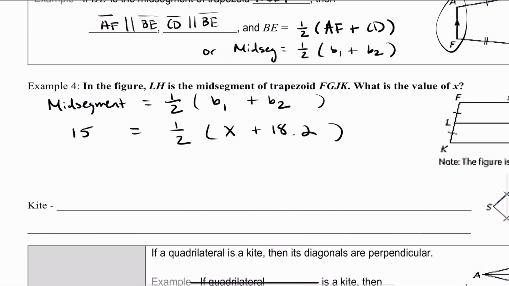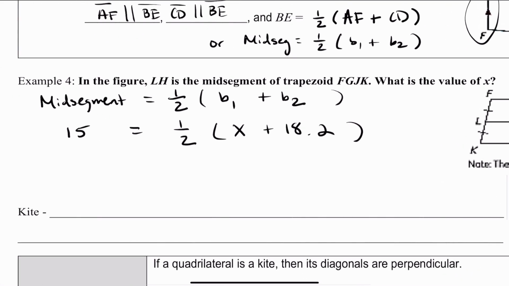So then what I'm going to do is multiply everything by 2. The reason being is I don't want to deal with this fraction, and I can see that if I distribute, everything is going to get divided by 2. Because I can rewrite it like this if I wanted to.